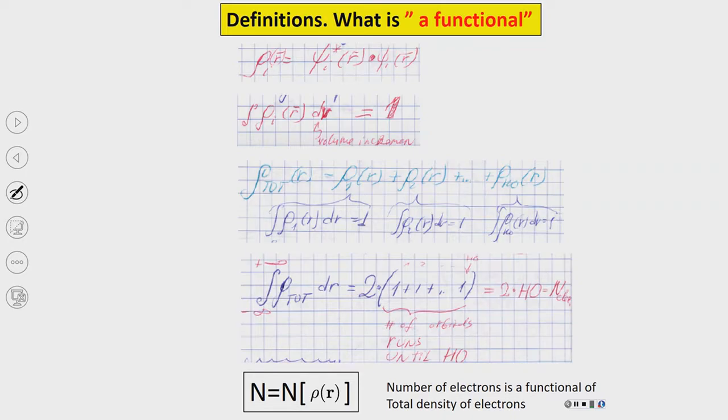And then integrate orbital number HOMO. You get 1 plus 1 plus 1 plus 1, as many times as there are electrons in the system. So N, yes, the number of electrons. If you have a closed shell, 2 electrons up and down on each orbital, then it is 2 times HOMO, the number of electrons.